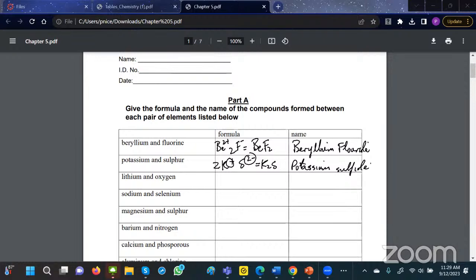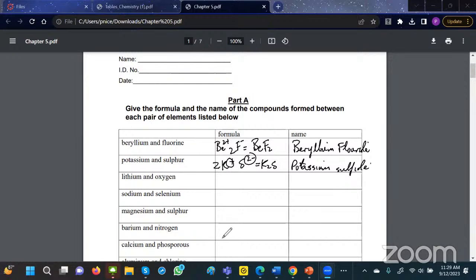Okay, let's see here. Somebody says that they need help with the barium and nitrogen formula. Let me see here. Okay, who wants to help this person out with this one? What's the formula for the barium ion? Anybody?